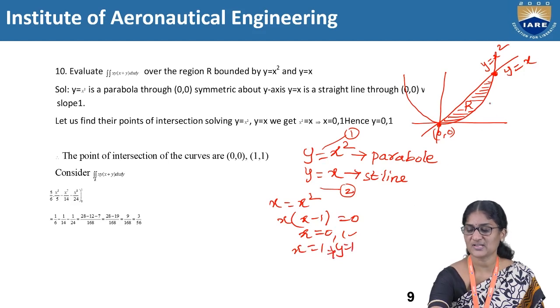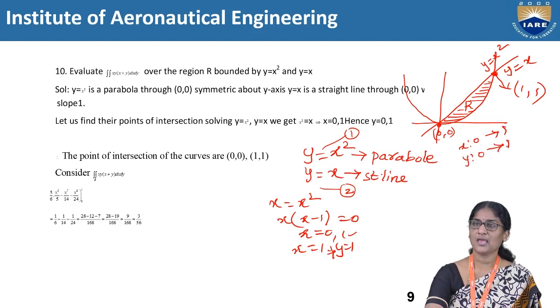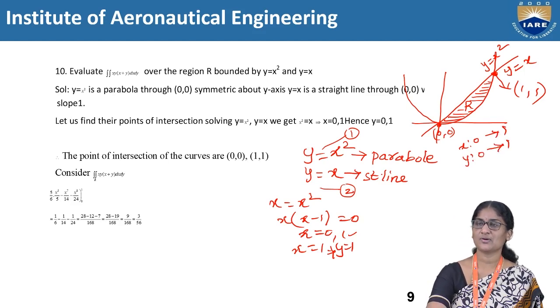So this point of intersection is (1, 1). So the x values change from 0 to 1, and the y values also change from 0 to 1. If you are taking x as the variable, you can take the limits 0 to 1. If you are taking y as the variable, you also take the limits 0 to 1.